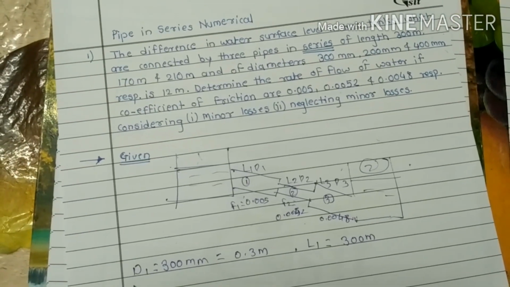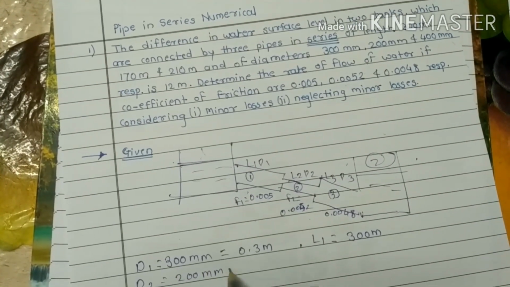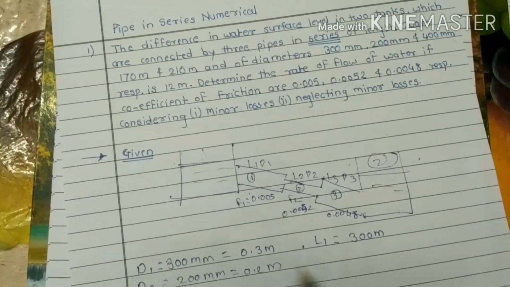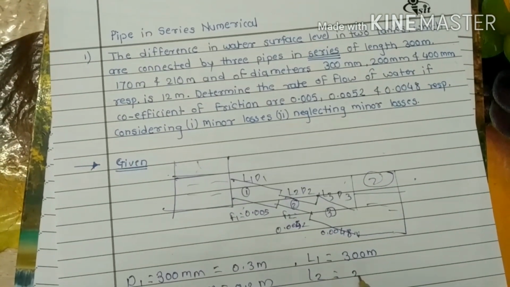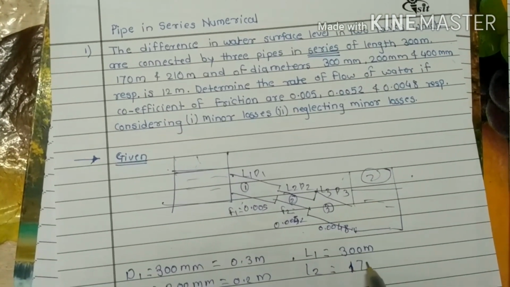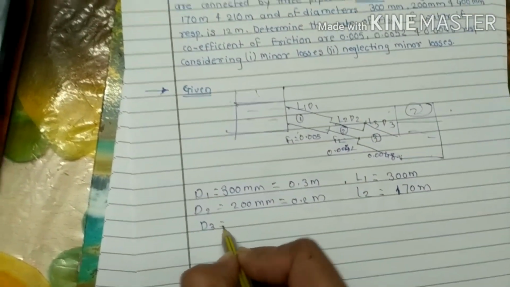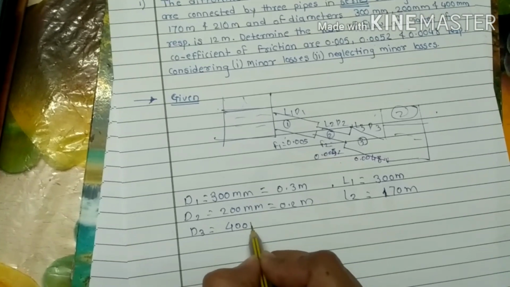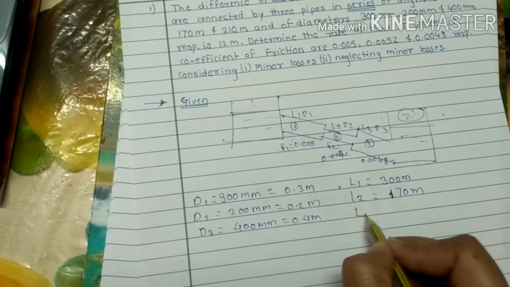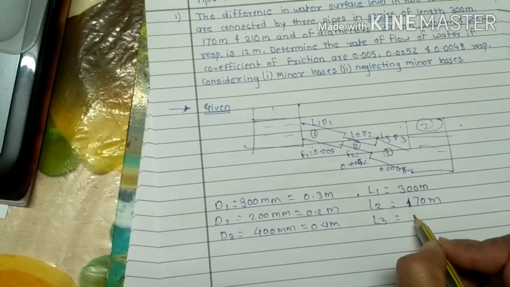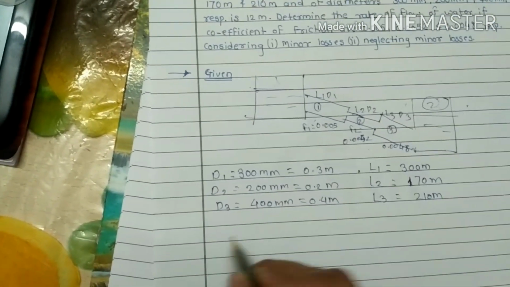Now D2 is given 200 mm, so it will be 0.2 meter, and the length of the second pipe is 170 meter, and the diameter D3 is 400 mm, so it will be 0.4 meter, and L3 is equal to 210 meter. So this is the data given.